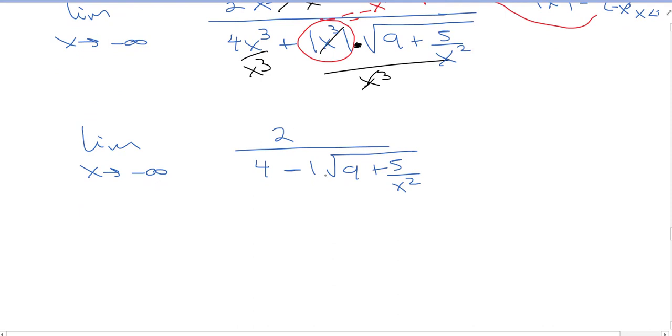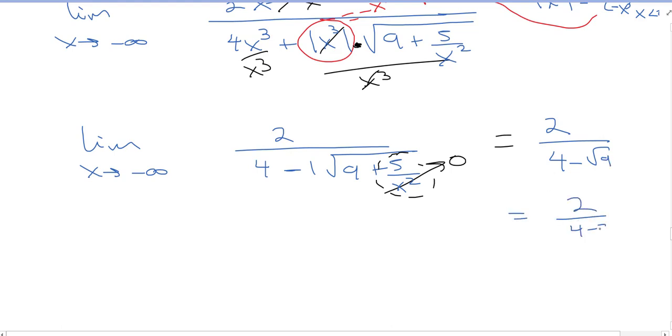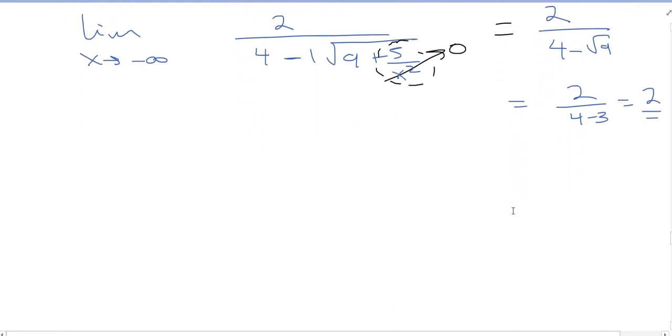And as x goes to minus infinity, this guy goes to 0, and I'm left with 2 over 4 minus the square root of 9, which is 3. So 2 over 4 minus 3, so just 2 over 1. So 2.